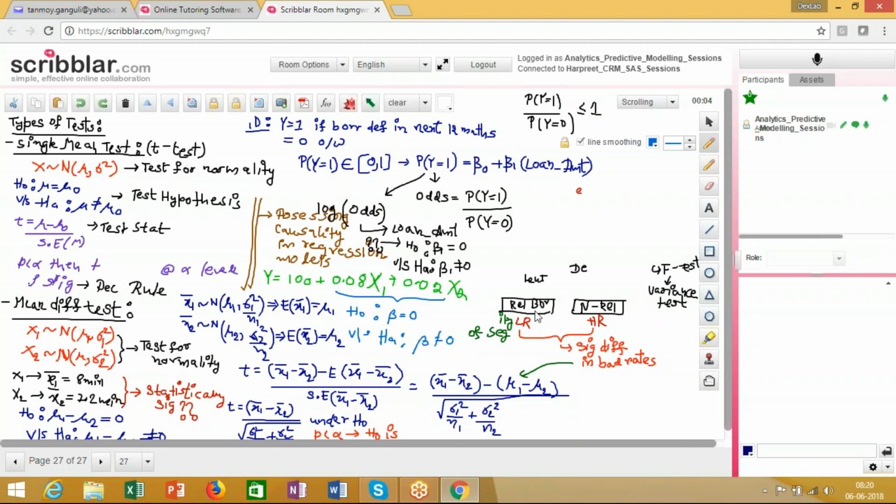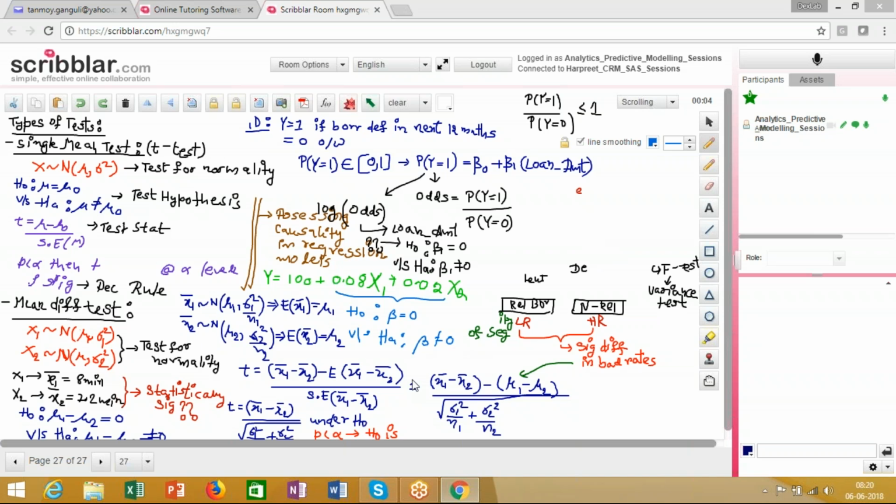Once this particular part is done, the next part that we would like to know is how do I take the decision rule? The decision rule is taken by comparing the p-value and the alpha, which is the level of significance.